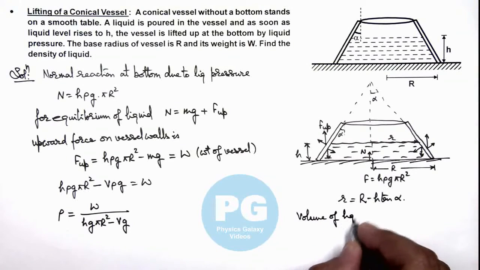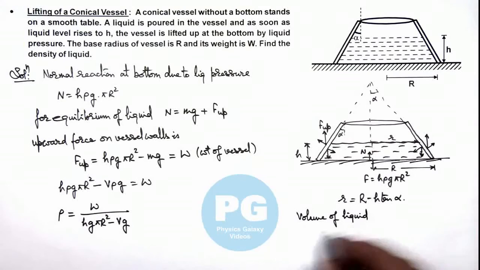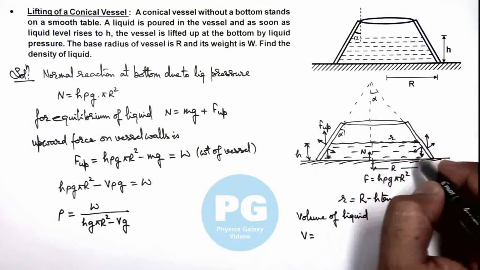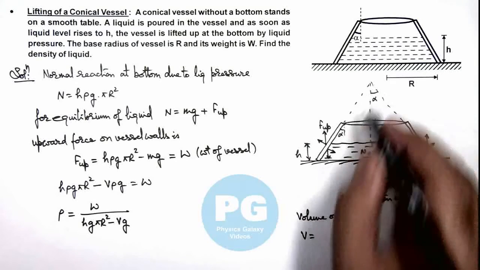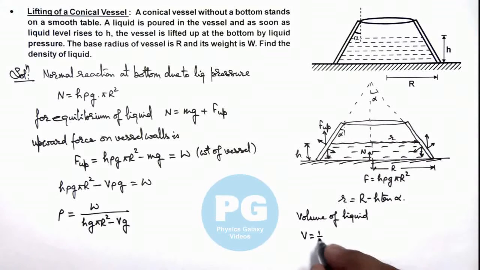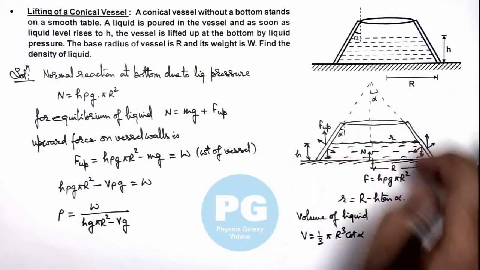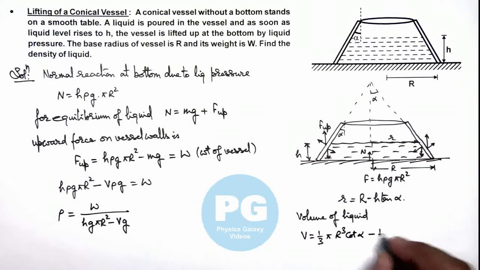And in this situation, the volume of liquid can be given here. We can write volume of liquid as V, and in the whole volume of this cone, we subtract the volume of the upper cone, which is 1 by 3 pi R cube cot alpha, the volume of this whole cone, minus 1 by 3 pi small r cube cot alpha.